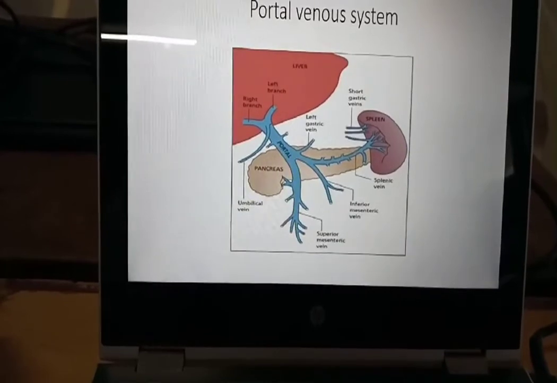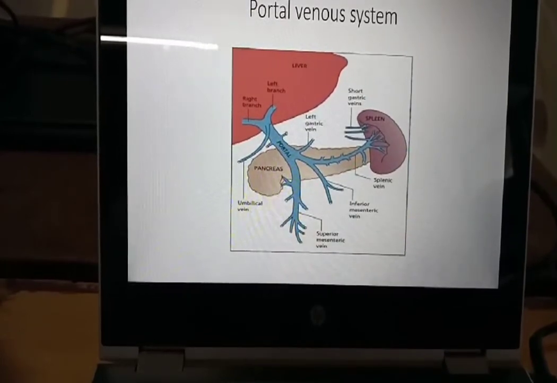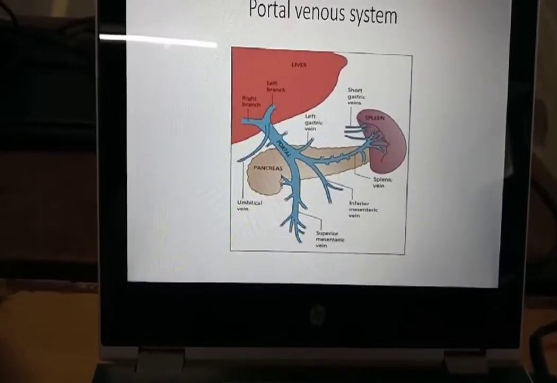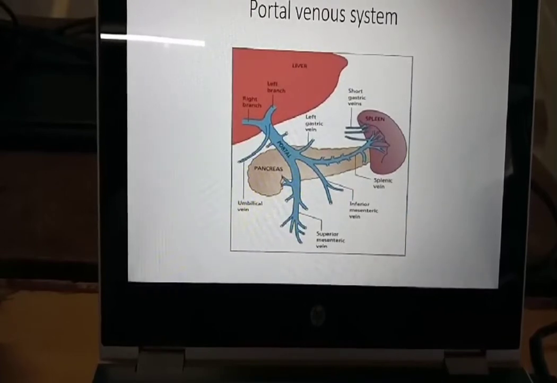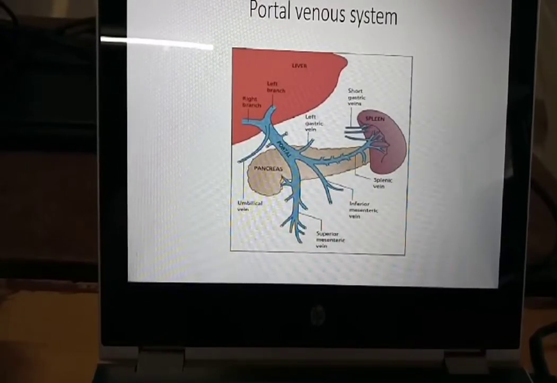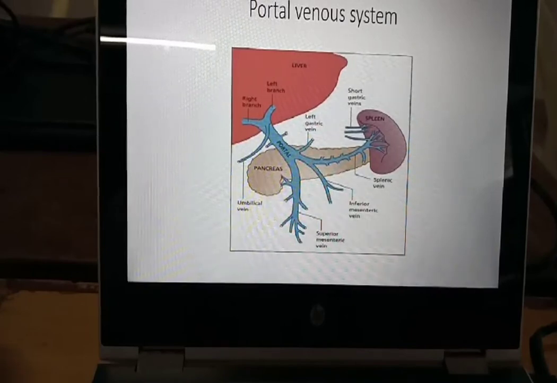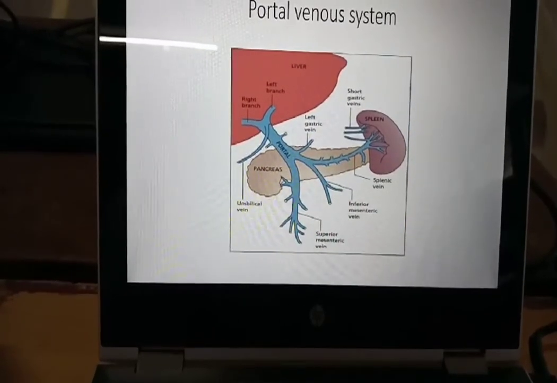From the portal venous system, it will go into the capillary sinusoids in the liver, and they will be taken into the hepatic vein and then into the systemic circulation.